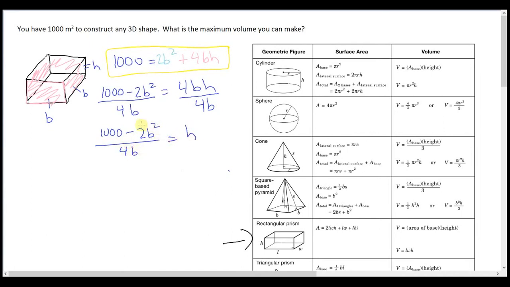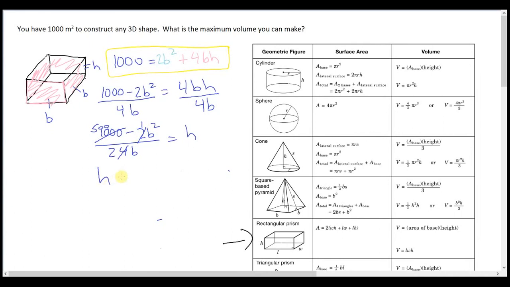Now, technically over here on the left-hand side, we could do a little bit of simplifying. Every single term here is an even number, so we could divide every single term by 2. Divide the bottom by 2 and be left with 2b, and divide the top. When we divide the top, we have to divide both terms. 500. 2 divided by 2 is 1.